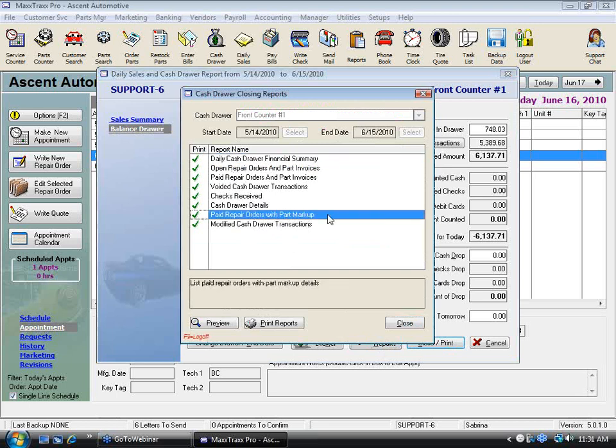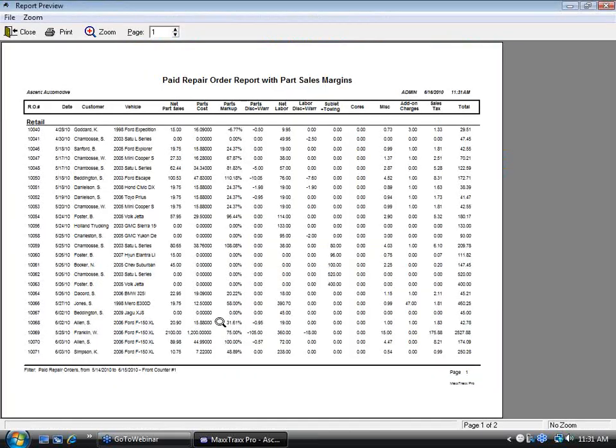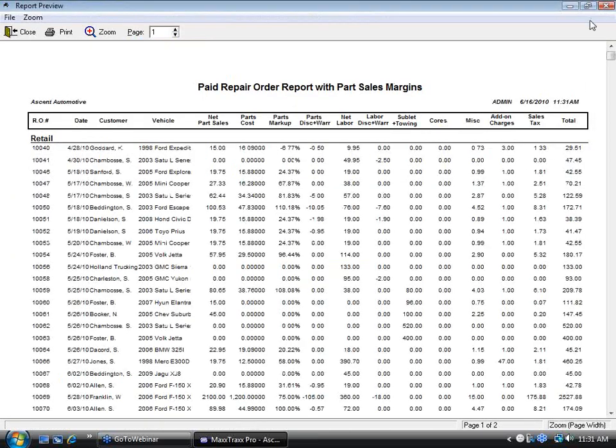Now, I know that some people just go crazy over this report if this is skewed. Let me tell you some situations where this report can be skewed. Menu labors. Menu labors will skew your parts profit markup. It'll skew the profitability. So let's preview this really quick. This is a great tool, but it is nothing more than a guideline.